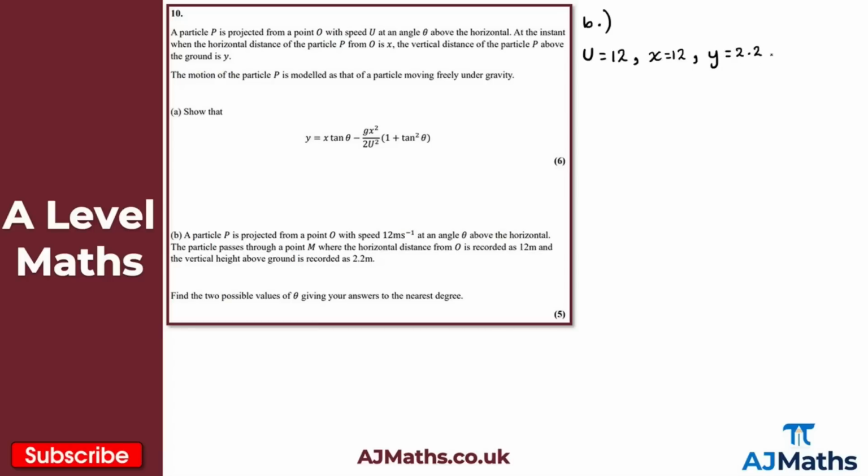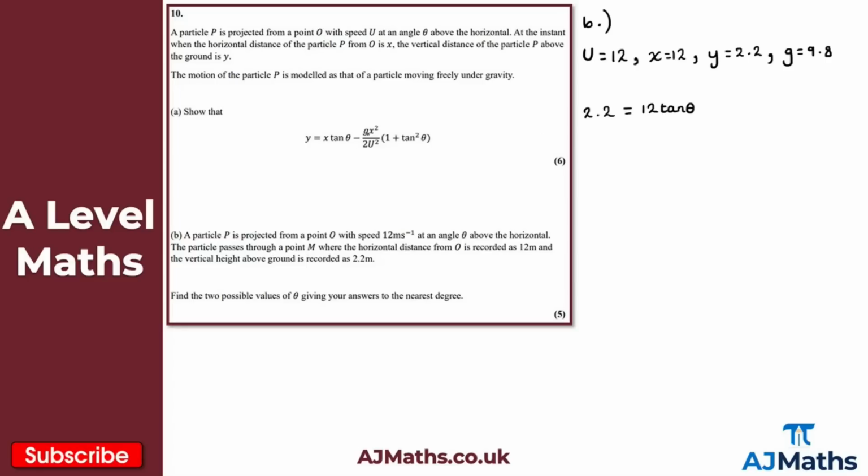And we also know g here, so it doesn't specify a particular value for g. In that case, we take g to be 9.8. Okay, so we put everything together now. We know y here, that's 2.2. That's equal to x tan theta, so that's 12 tan theta.